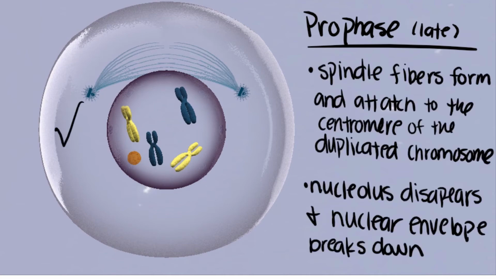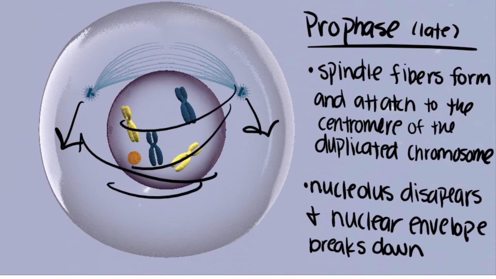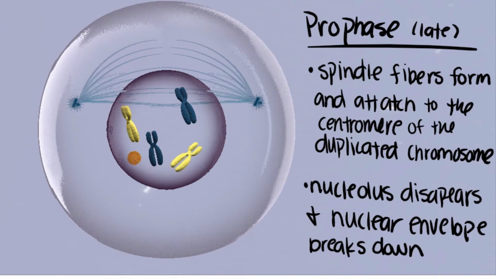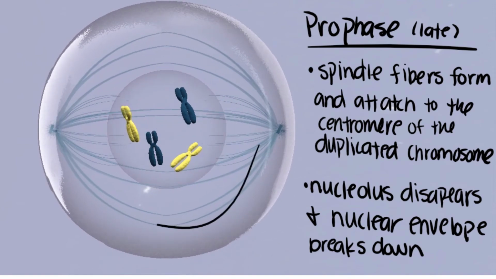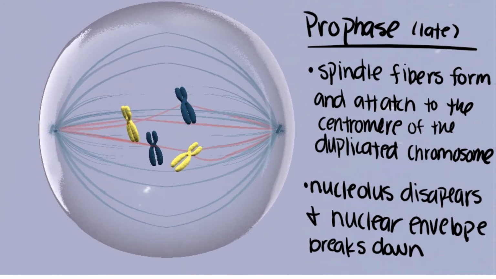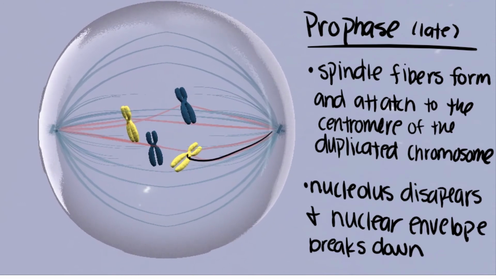The centrioles will move to the poles of the cell and fully form the spindle fibers. As you can see, the centrioles move and form the spindle fibers all around, and then the spindle fibers connect to the centromeres of the duplicated chromosomes, or the middle of them, and the nucleus and the nucleolus completely go away.